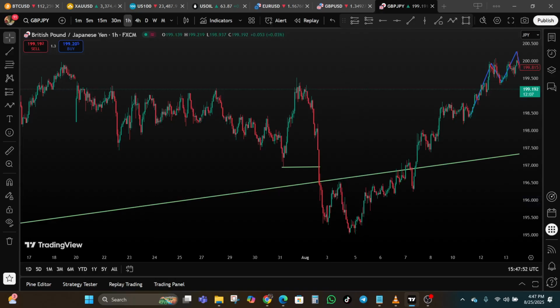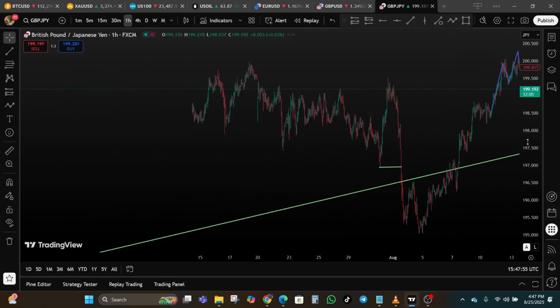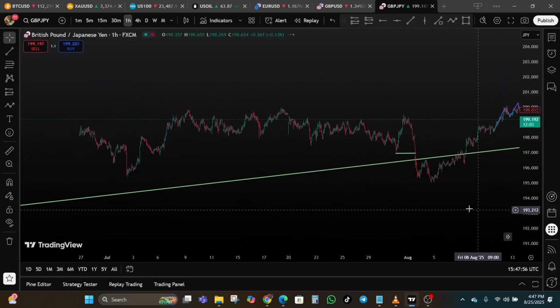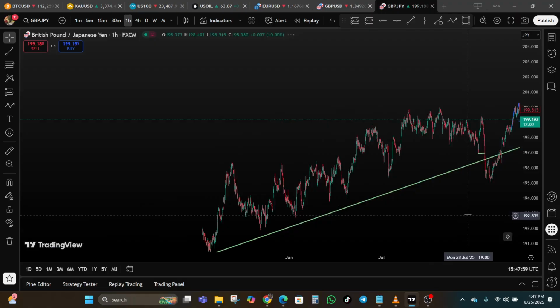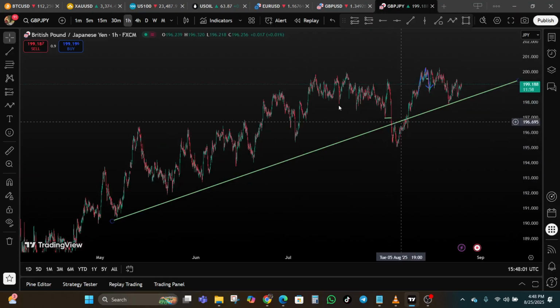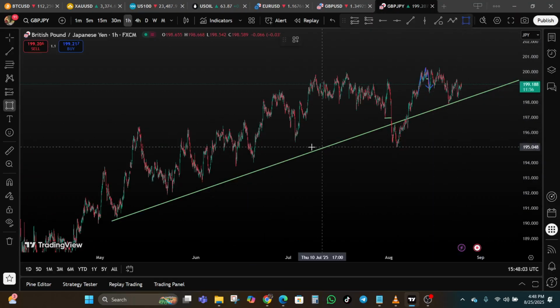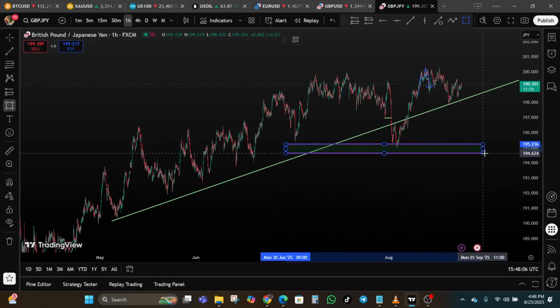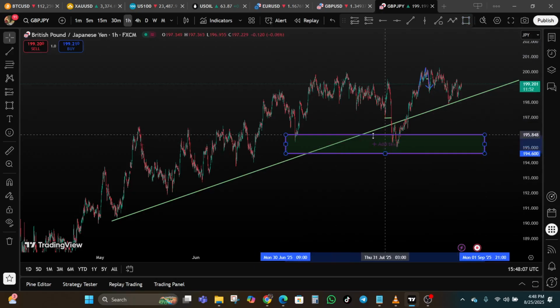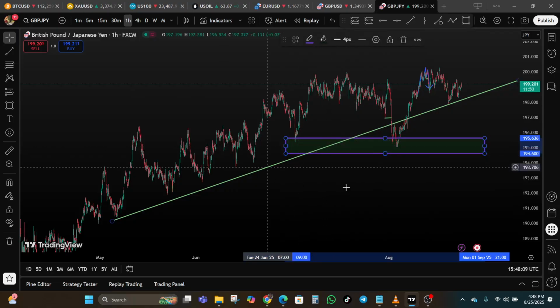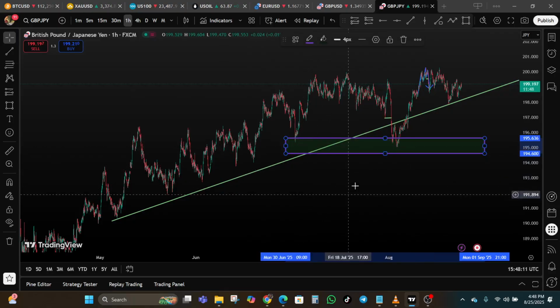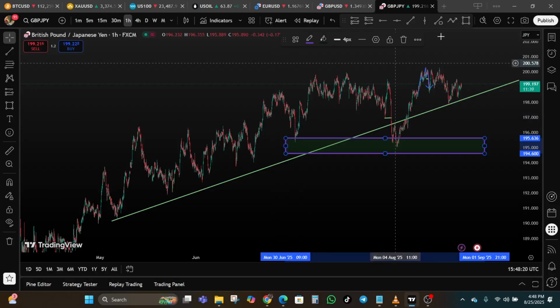The third step is to check liquidity zones. Fake change of character setups often occur right around obvious liquidity areas, right? Remember, around previous lows or previous highs and all of that.